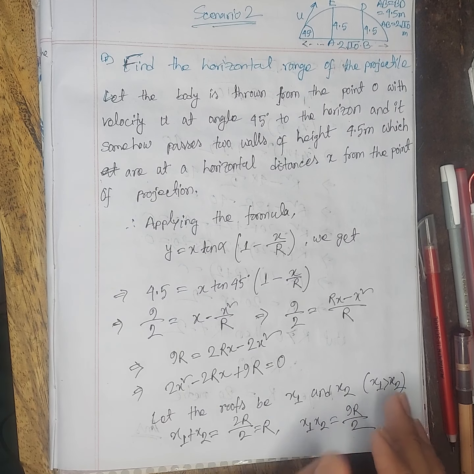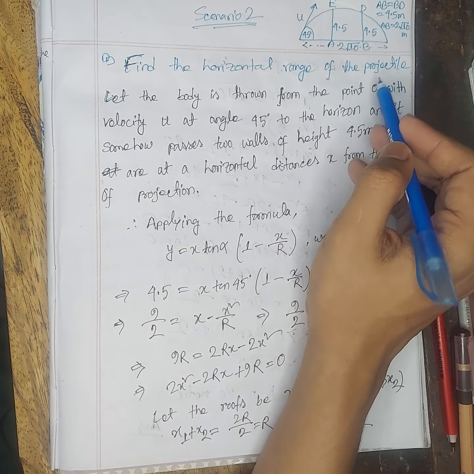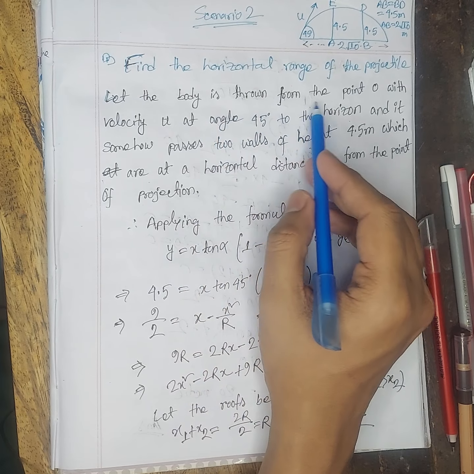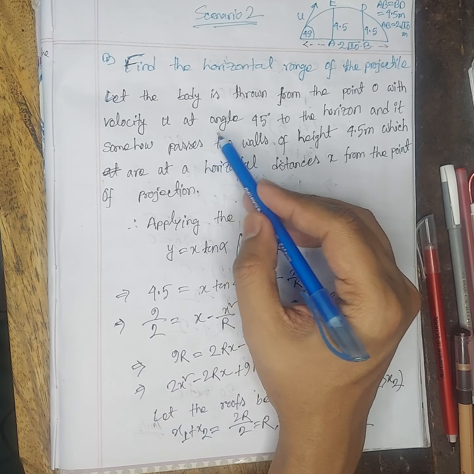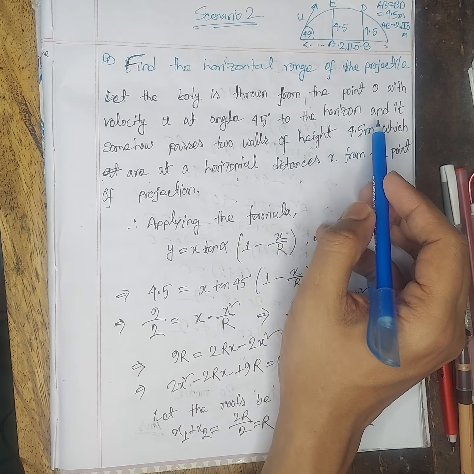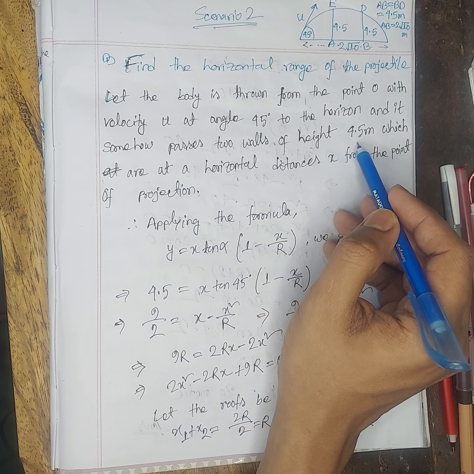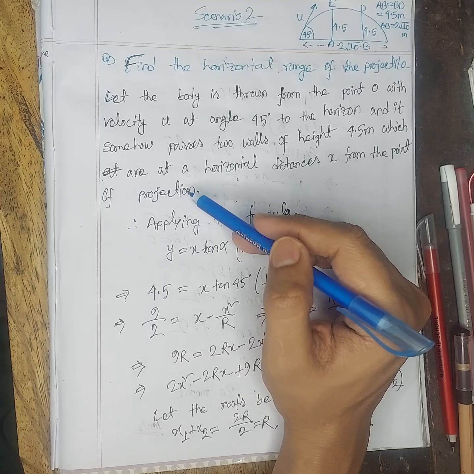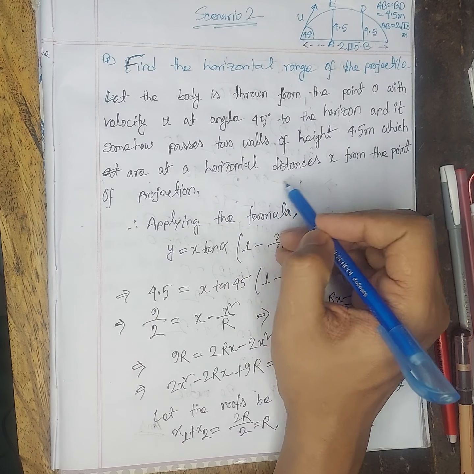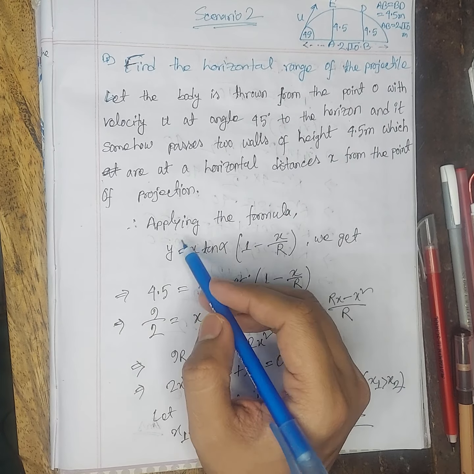We have to find the horizontal range of the projectile. Let the body be thrown from the point O with velocity u at an angle 45 degrees to the horizon, and it just passes two walls of height 4.5 meter which are at a horizontal distance x from the point of projection.